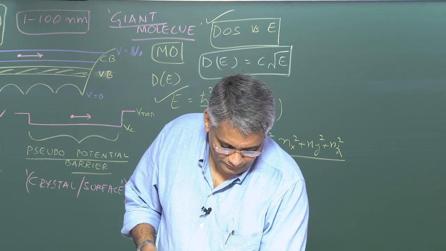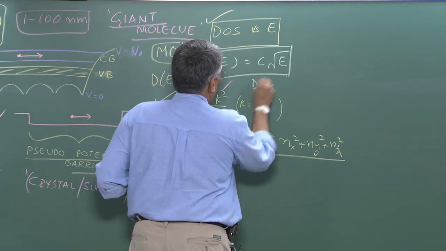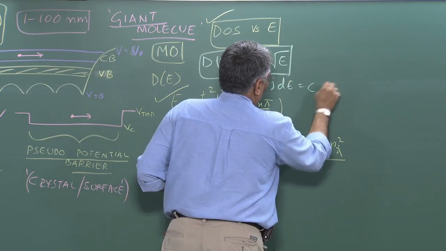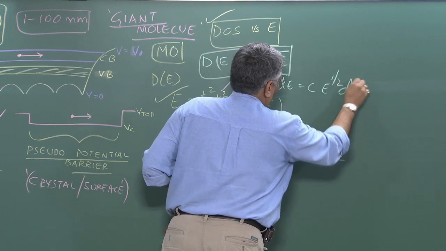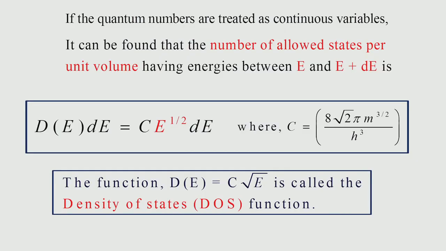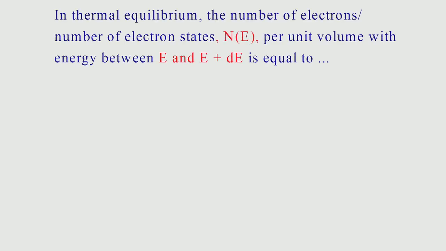Now, what can we do with this particular function? What we need to get is, at thermal equilibrium, the number of electron states per unit volume with energies between E and E plus dE.